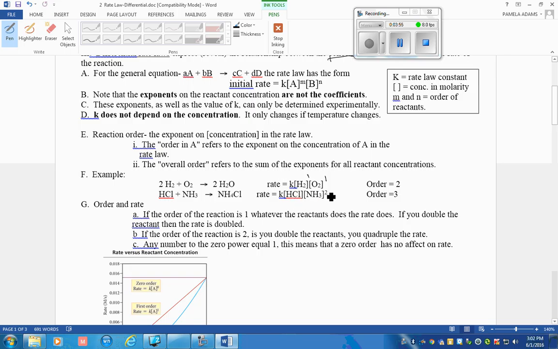So if I were to look at this reaction, if I doubled the concentration of HCl, I could expect the rate to double. However, if I doubled the concentration of NH3, I could expect that to quadruple the rate.